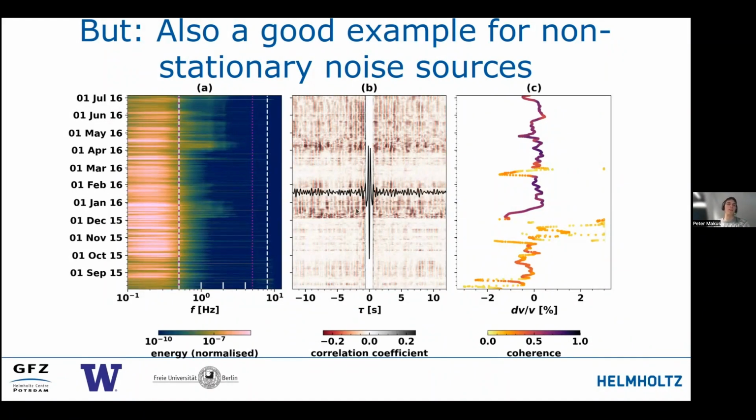So it wouldn't make any sense at all to compare them with each other and stretch them against each other, which is why we get this awfully low stability here. So this low coherence is really just a correlation coefficient between this reference function that we're stretching against and the daily correlation functions that we look at here.